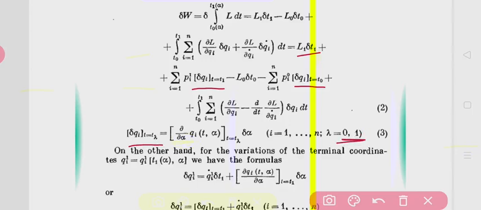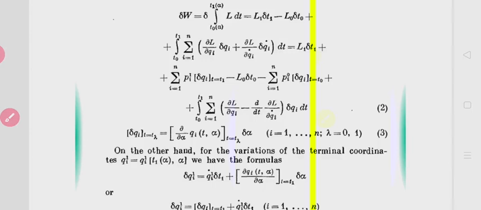So delta of q_i at t equal to t lambda will be given by, q_i is a function of alpha, so this delta of q_i can be written as curl q_i by curl alpha into delta alpha, right?